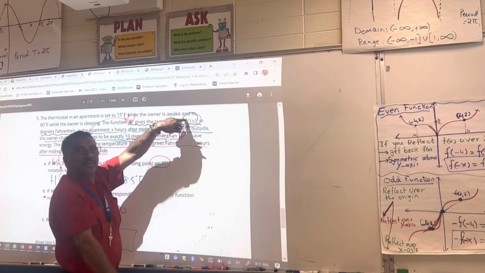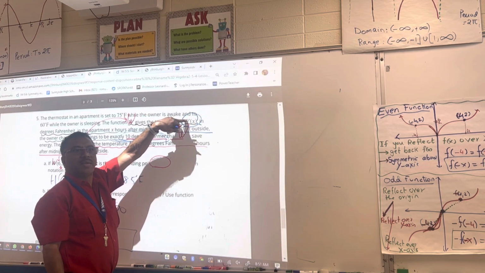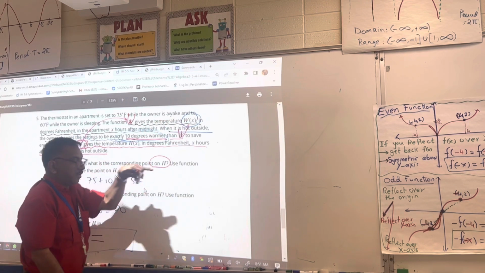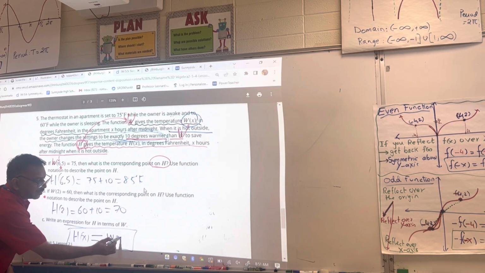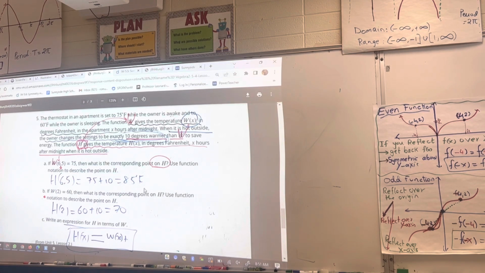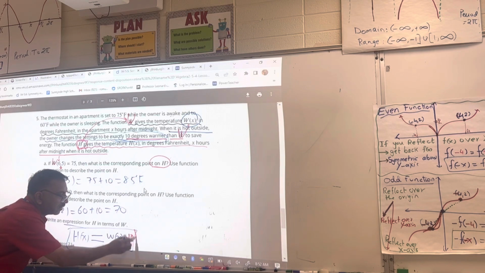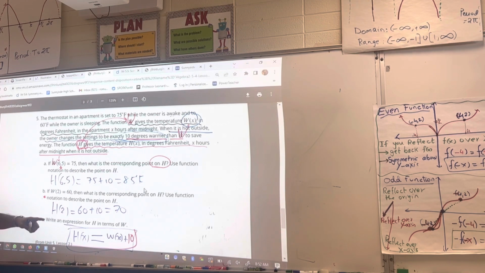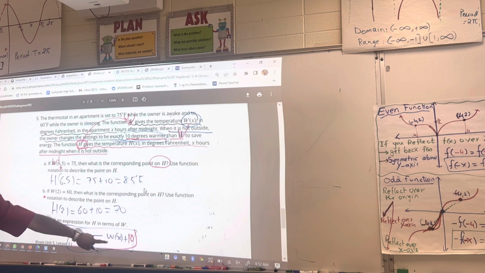Can you see this part? W(x) is the temperature inside the apartment. So that temperature W(x) plus what? Plus 10. This is the most important. How to create an equation is important, because it's always 10 more than what was inside. See this part? So H(x) is W(x) plus 10 and you're done.